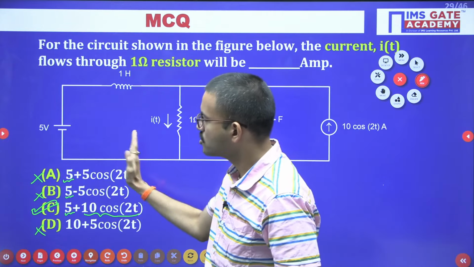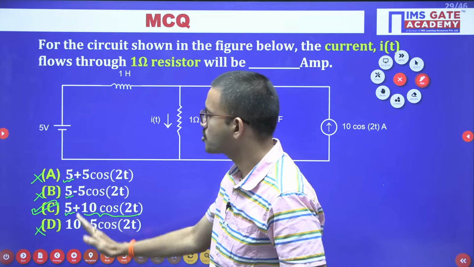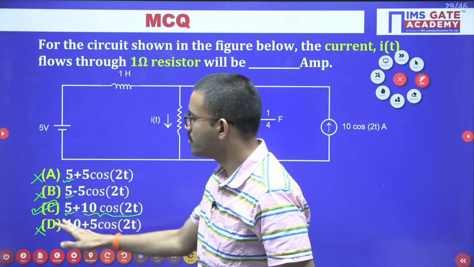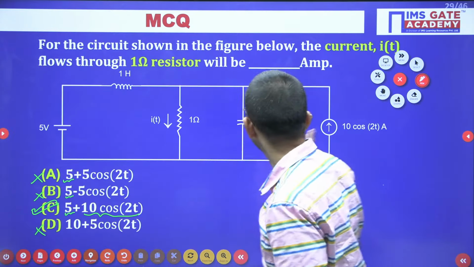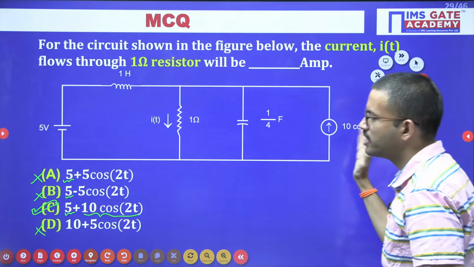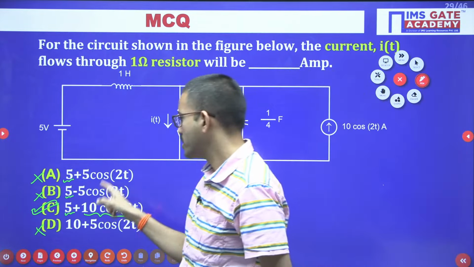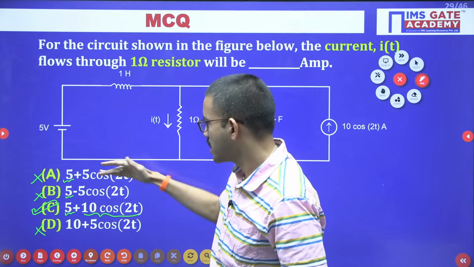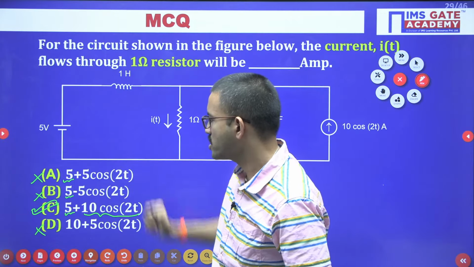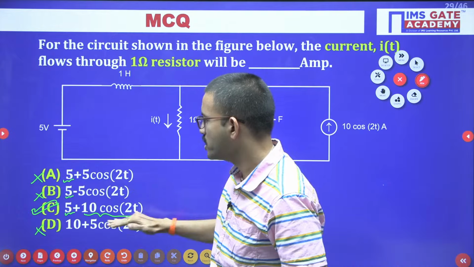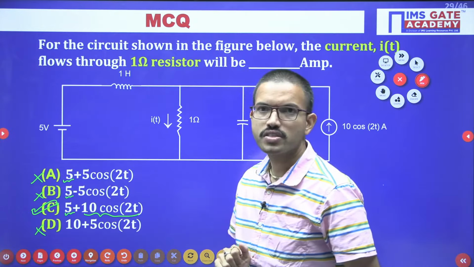So for this question, whoever tried with the help of the 5 volt source, with the help of that, only one option we can eliminate. But the moment you have verified with the help of the AC current source, in this particular choices regarding 5 cos 2t, you are having 2 choices, minus 5 cos 2t, 1 choice, 10 cos 2t, you are having 1 choice, okay.